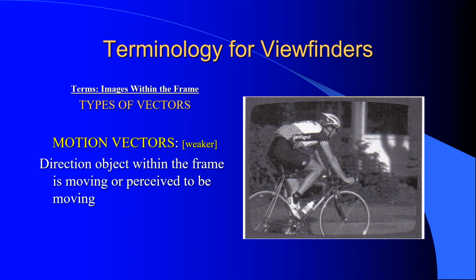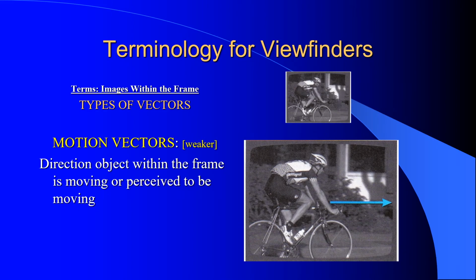Then the weaker are the motion vectors, and these are vectors that suggest an object is in motion, and so we assume that it is in motion in that particular direction, and that it will continue to be in motion in that direction until something tells us that it's not.